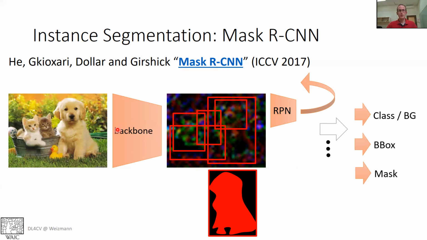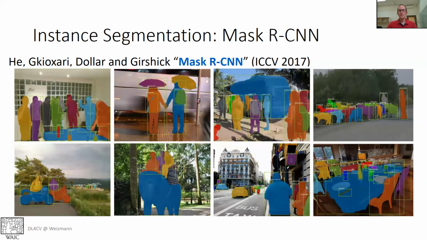So for each and every one of these detected objects, we are going to have a class, the box around it, and an accurate mask for each and every one of these objects. If you put everything together, these are the type of outputs Mask-RCNN produces.